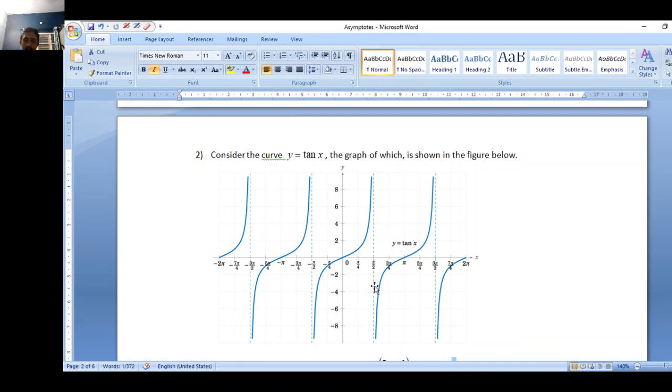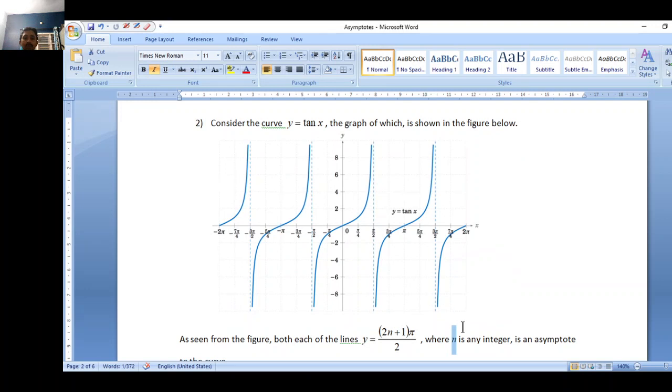And if you observe, it is very obvious that it's not just x equals pi by 2 that is an asymptote. x equals minus pi by 2 is also an asymptote. x equals 3 pi by 2 is an asymptote. x equals minus 3 pi by 2 is an asymptote, and so on.